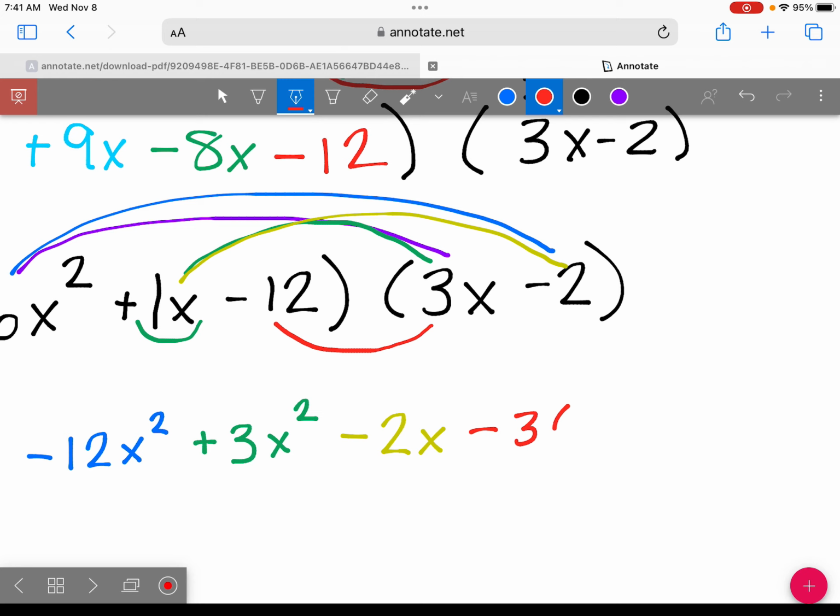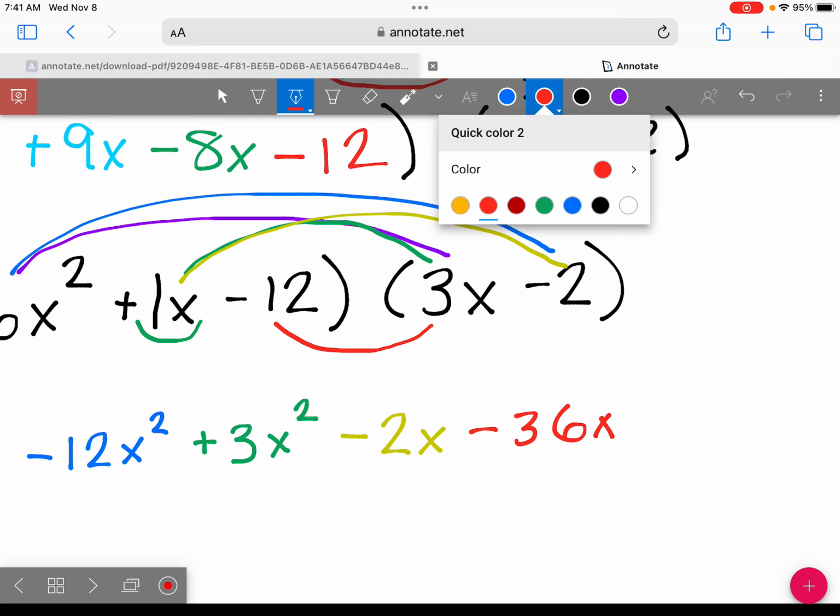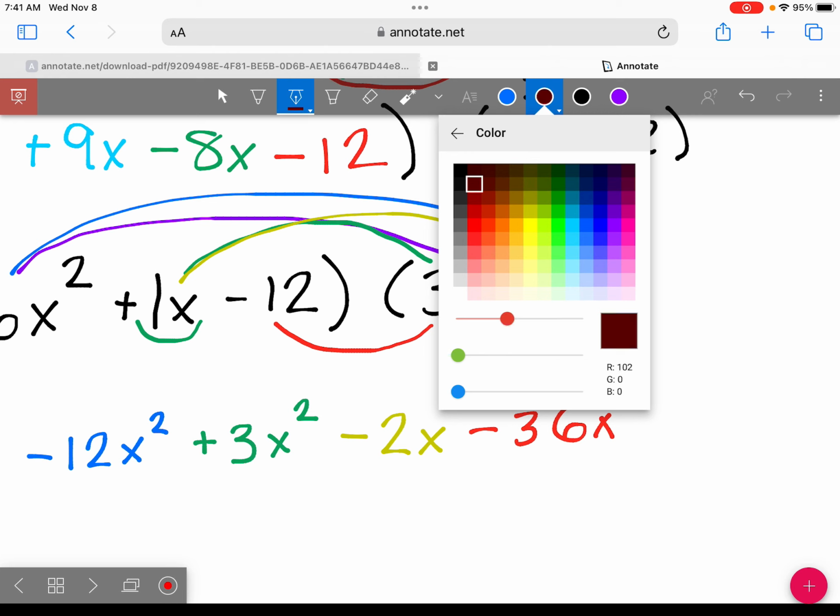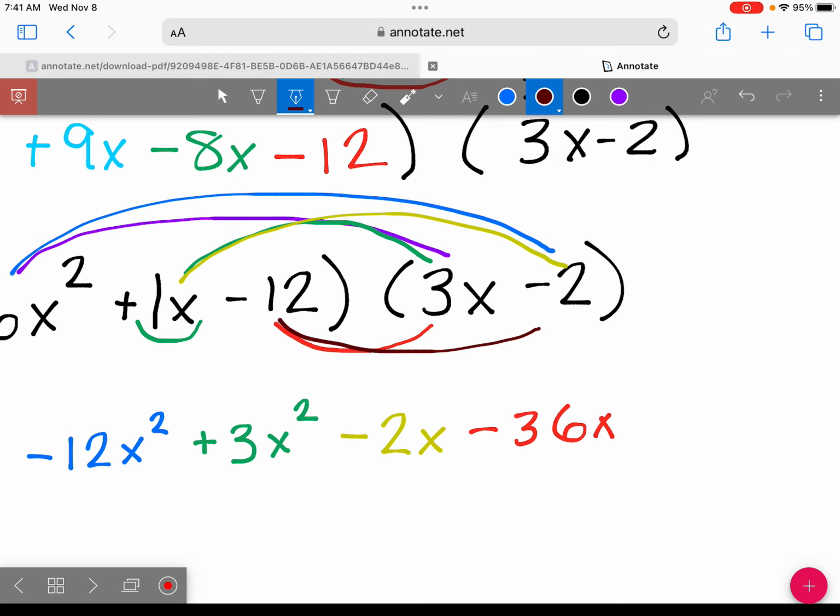Negative 36x, because this was times 3x. And then we have one last multiplication here. We're almost done with it. Negative 12 times negative 2 gives us positive 24.